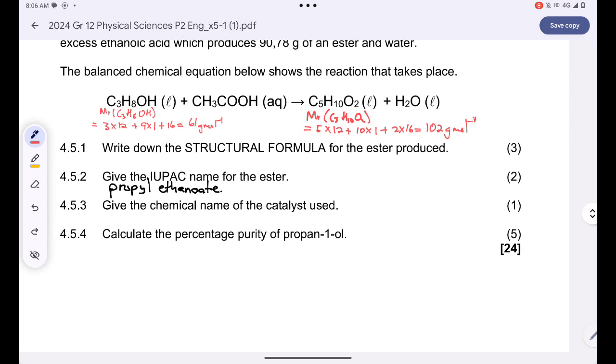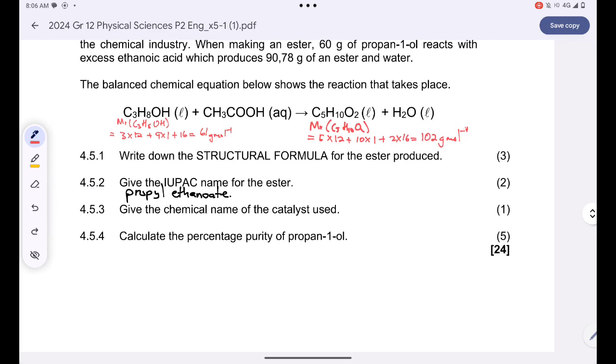Okay, since I'm given the mass of my ester that was formed, I can simply find the number of moles of my ester. So the number of moles of my ester, that's C5H10O2, is basically mass divided by the molar mass.